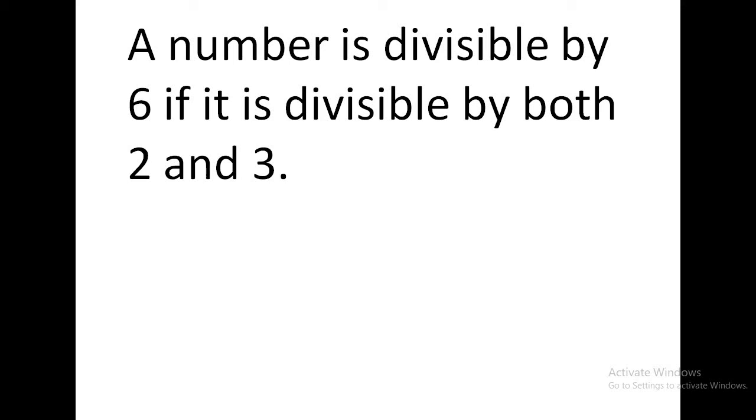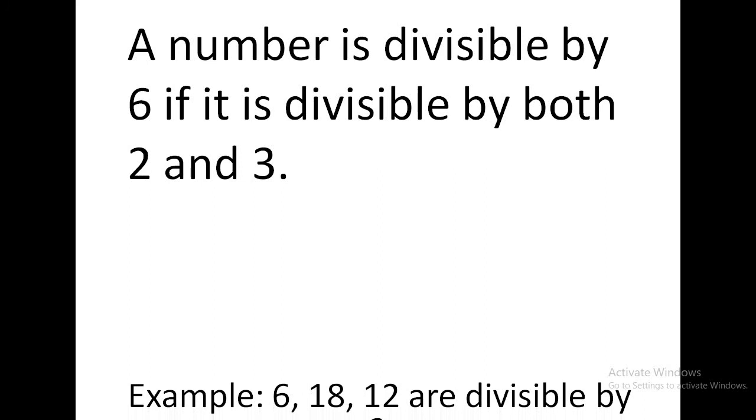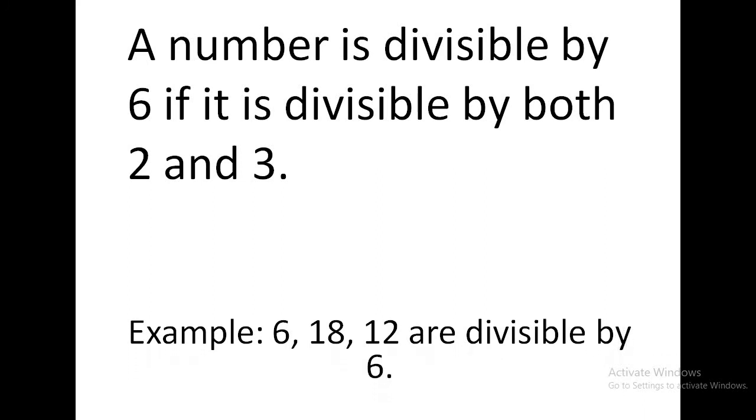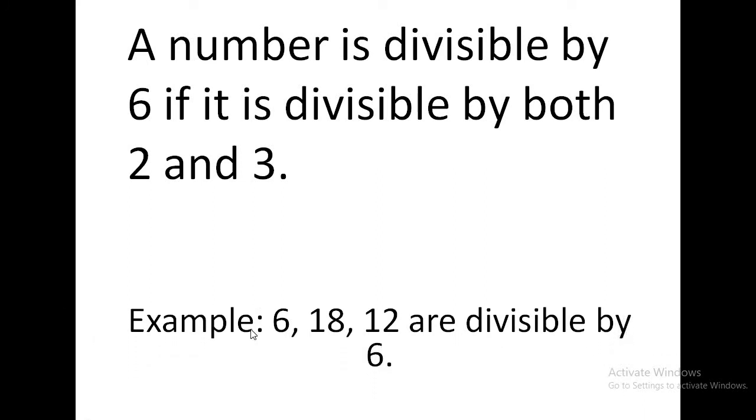If both divisibility tests are okay, then that number is also divisible by 6. Let us take an example. Children, 6 is divisible by 2 also, and 6 is divisible by 3 also. Hence 6 is divisible by 6 also.